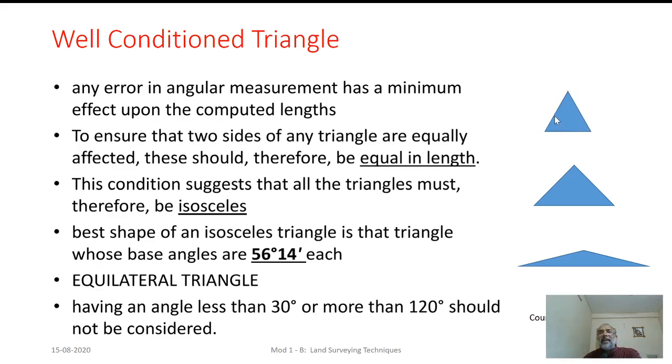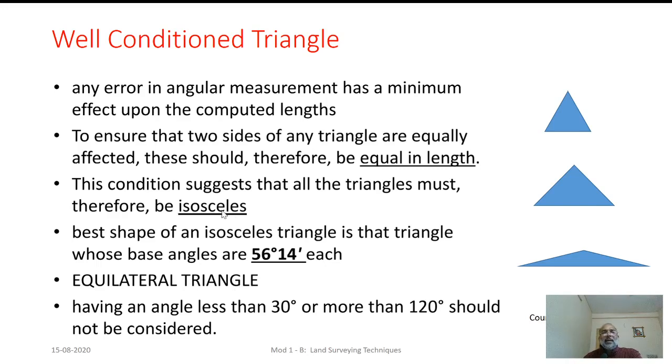For a triangle, it can be 90 degrees, but all the angles cannot be 90 degrees as far as the surveying triangulation network is concerned. Hence, we can go for some triangle which is equilateral in nature. So here, the best possible triangle that we can make use of is nothing but the equilateral triangle.